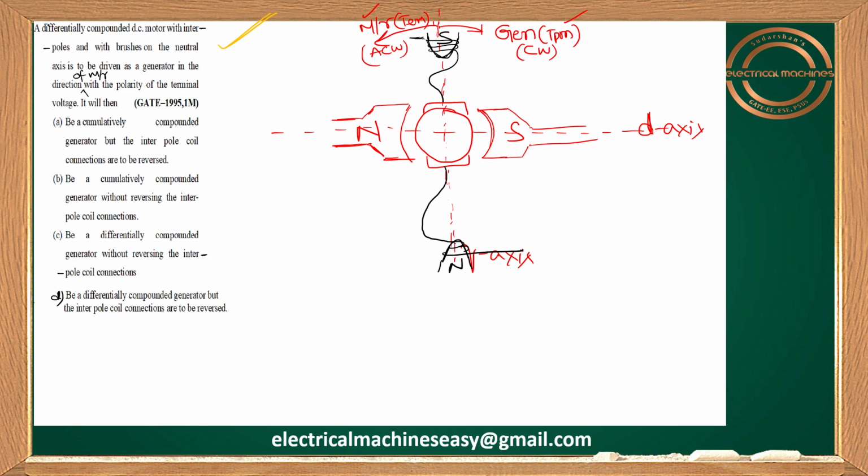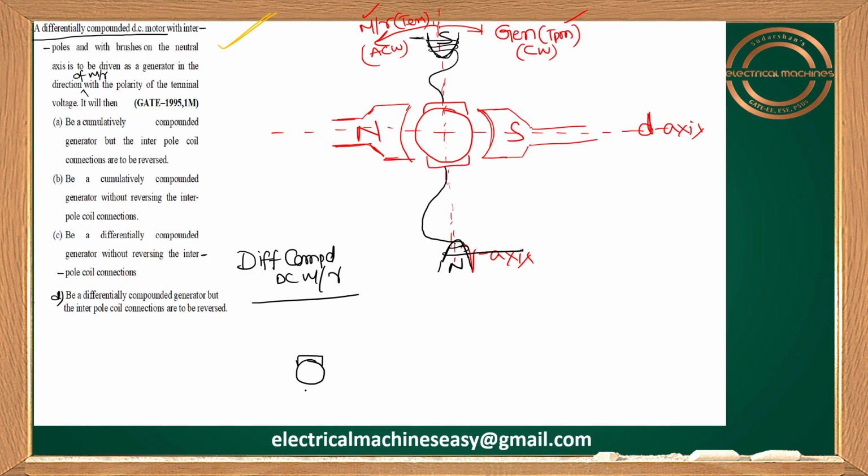So here my question is, initially it is a differential compound DC motor. Guys, you know a differential compound motor may be long shunt or short shunt also. Let me take the example of short shunt.